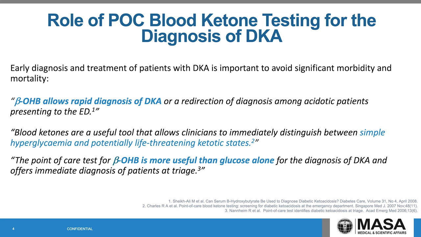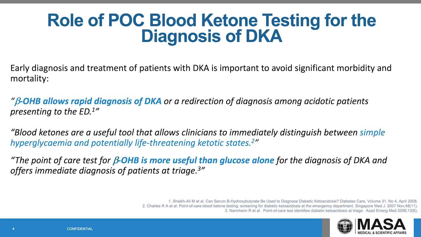Now, from Sheikh et al. in 2008, the authors concluded that beta-hydroxybutyrate allows a rapid diagnosis of DKA or a redirection of diagnosis among acidotic patients presenting at the ED. A year earlier, different authors stated that blood ketones are a useful tool that allows clinicians to immediately distinguish between simple hyperglycemia and potentially life-threatening ketotic states.